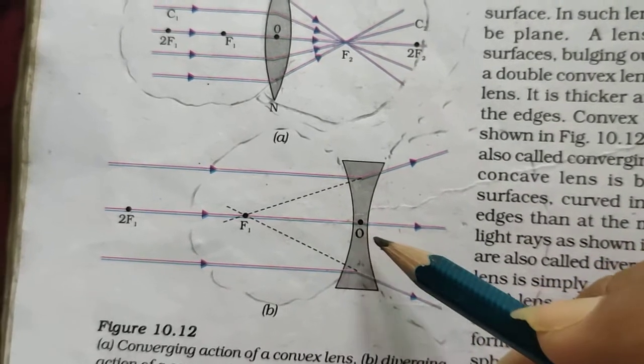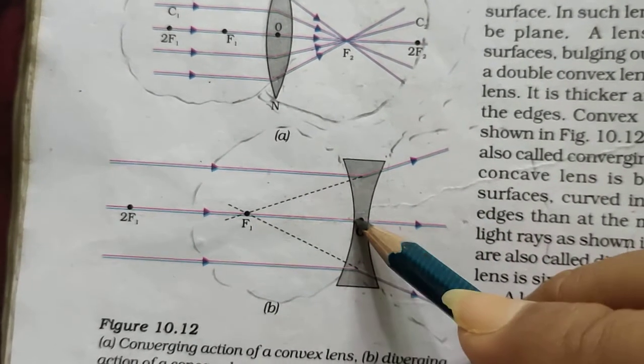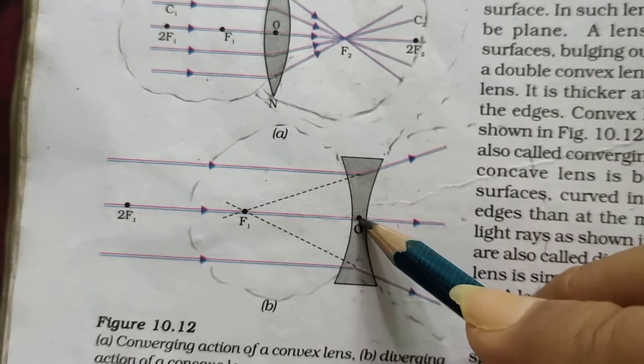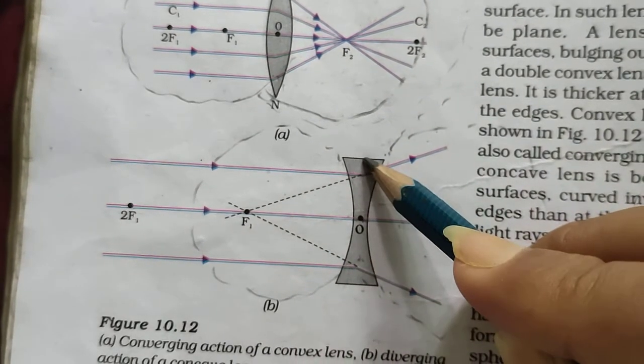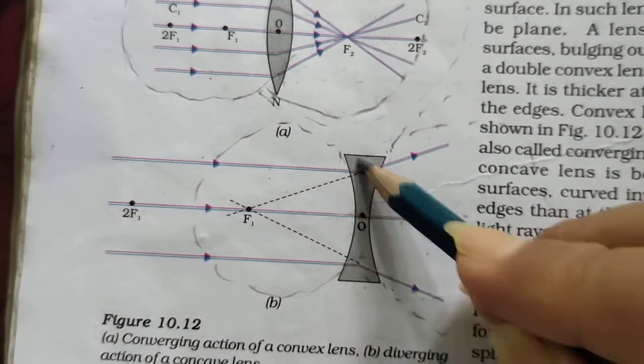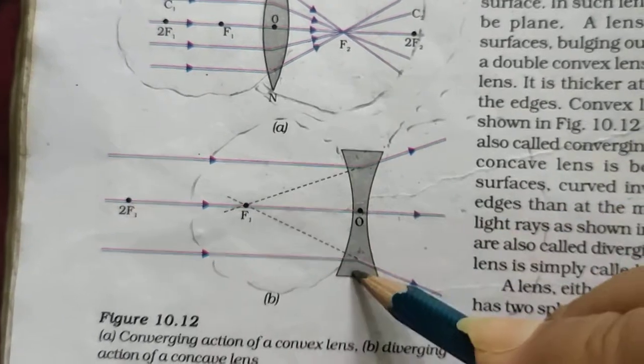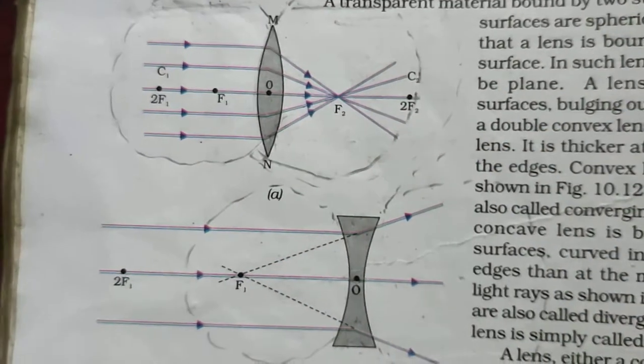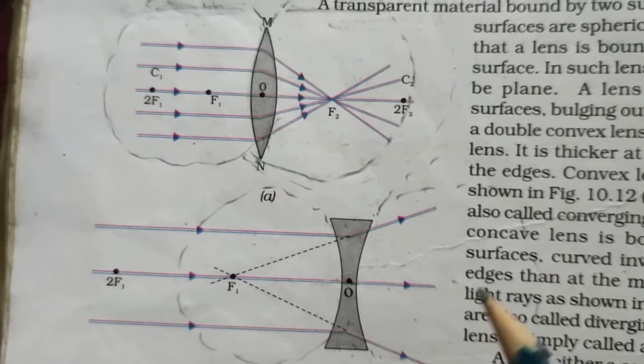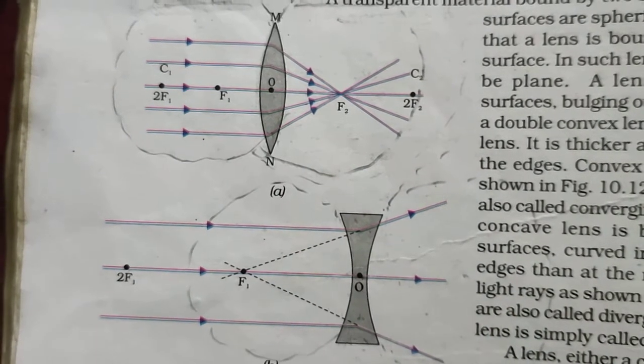If the refracting surface is going inwards on both sides, then it is called the concave lens. In the middle of the lens it is thinner, but at the outside it is thicker. Such a lens is called a concave lens, and this is a convex lens. So we now know what a convex lens and a concave lens are.